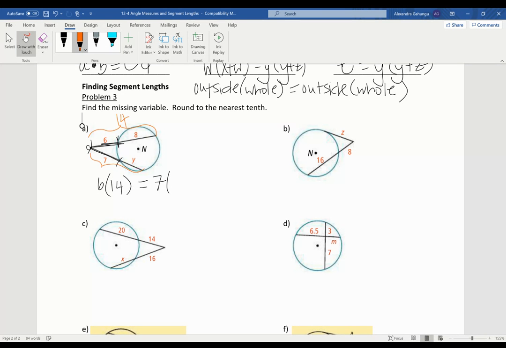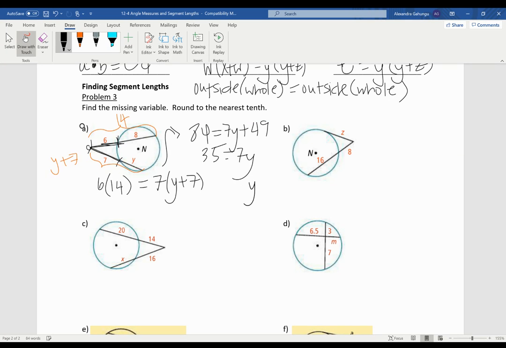That whole thing is y plus 7. And we're just solving for y. So we get 84 equals 7y plus 49. 7y equals 35. And our missing variable, luckily in this one a whole number, is 5.